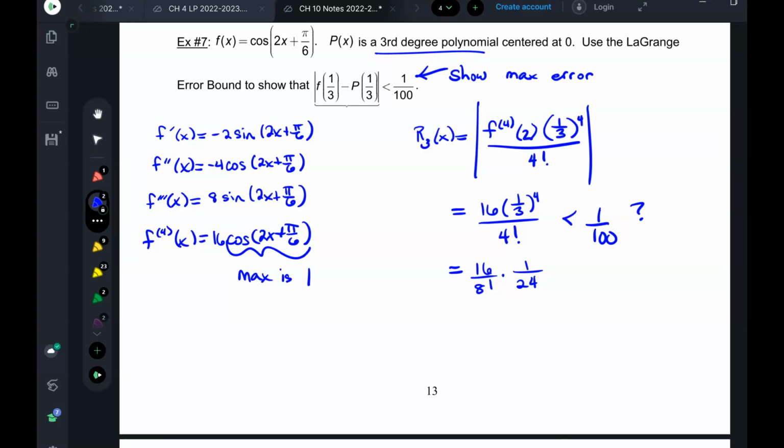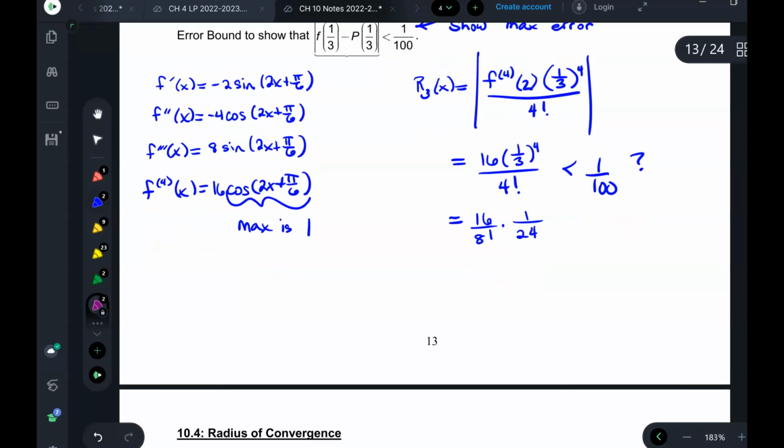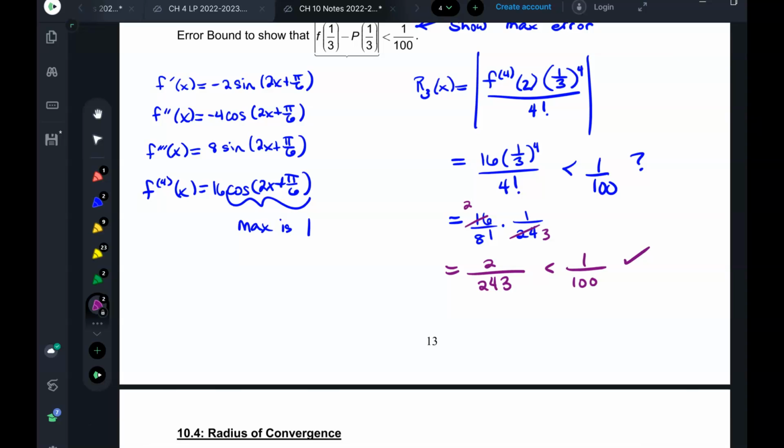So, is this less than 1/100th? Cross out 16 and 24. Okay, so what goes in? 8 goes in 2 times? Yeah, it is less than. So definitely less than. It's like over 243. Yeah, right here it says it's like 243. See? There you go. Done. That's 243.